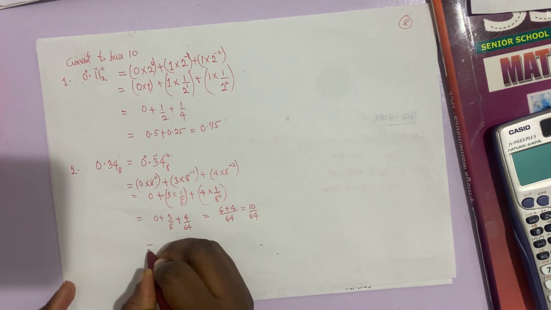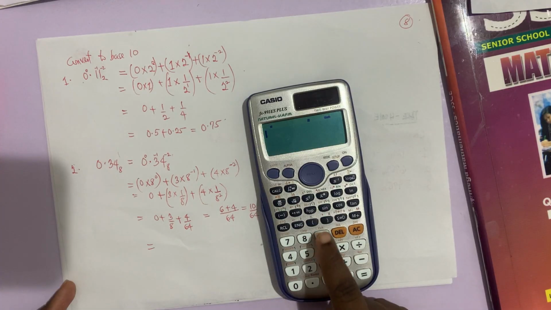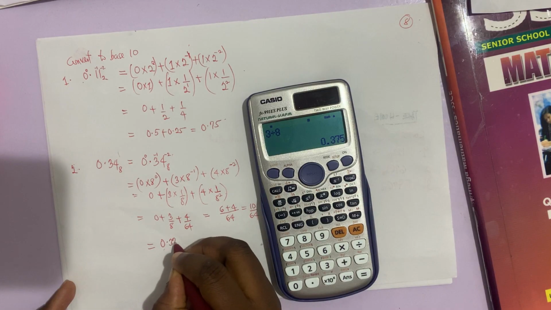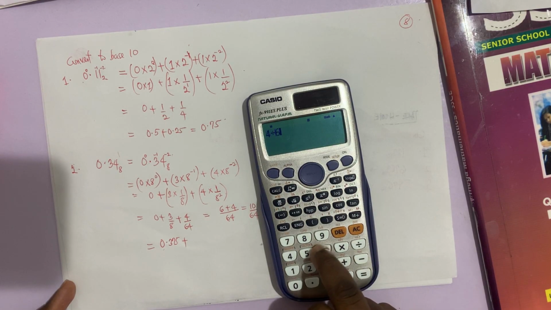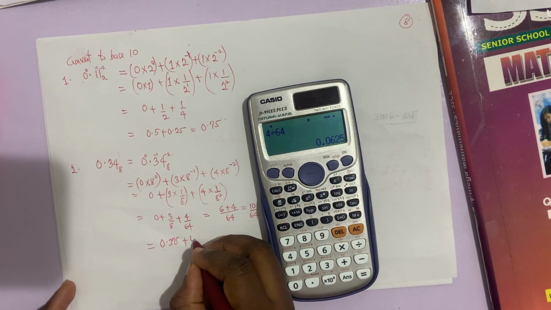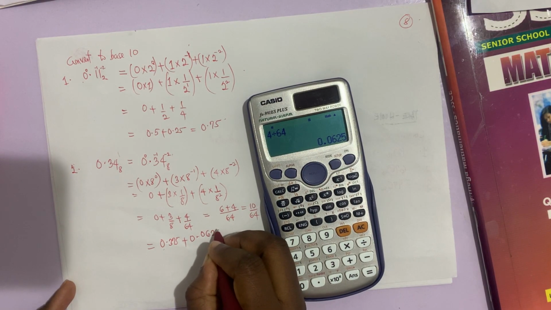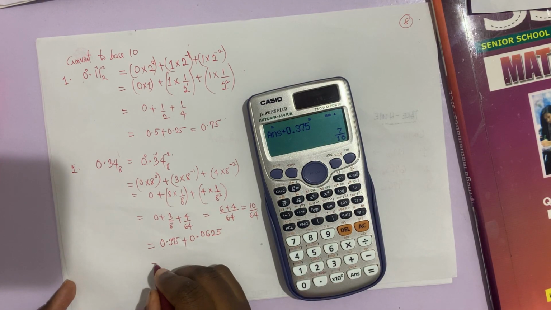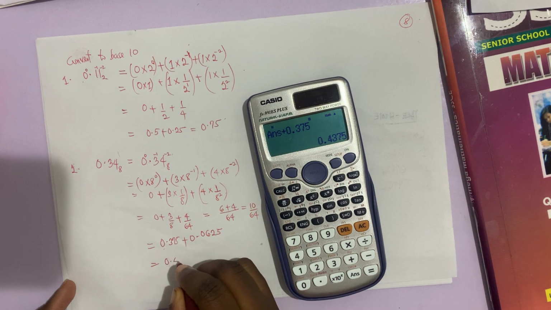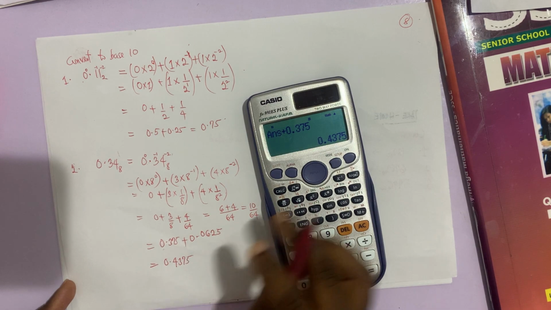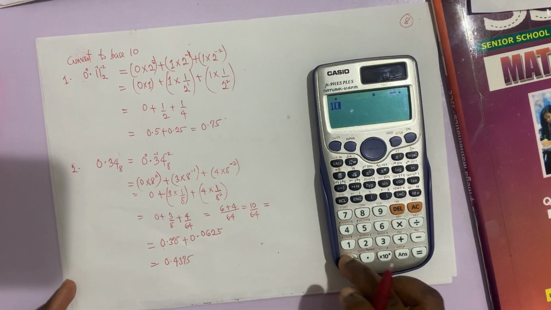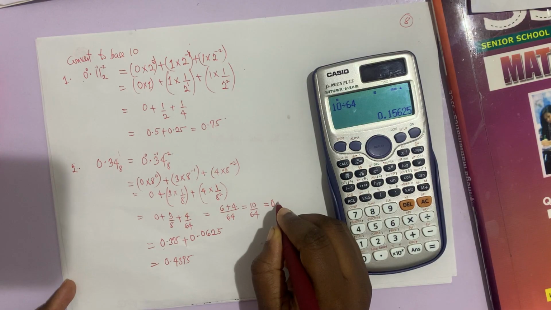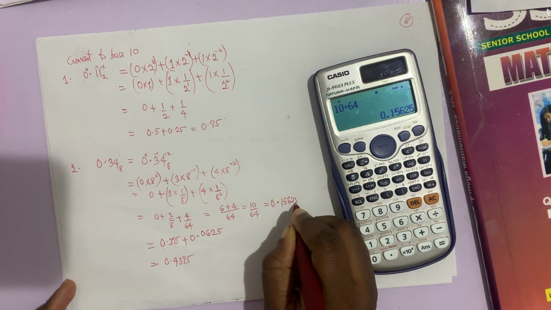You can do it this way, or simply use your calculator to do 3 divided by 8, which would give you 0.375, plus 4 divided by 64, which would give you 0.0625, and then add the two together to give you 0.4375. When we just do 10 divided by 64, it gives us 0.15625. So there's a mistake somewhere.